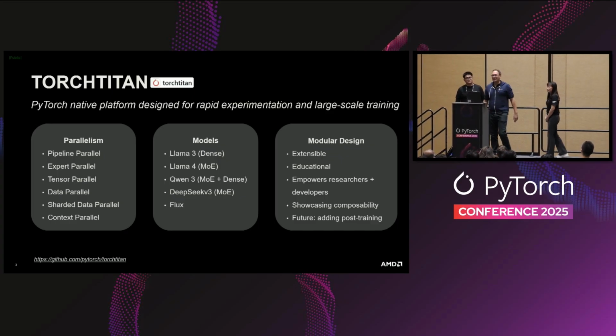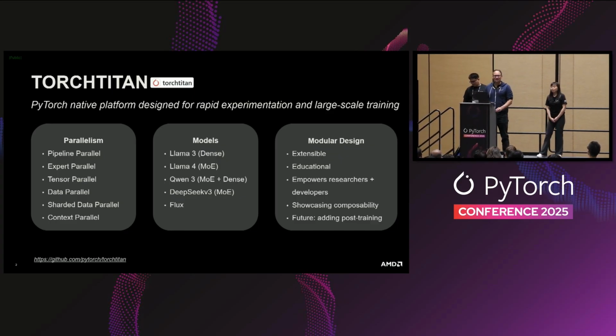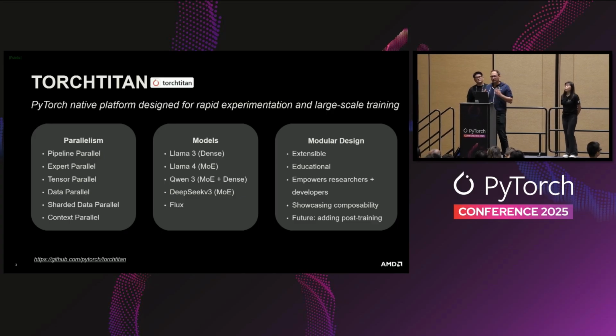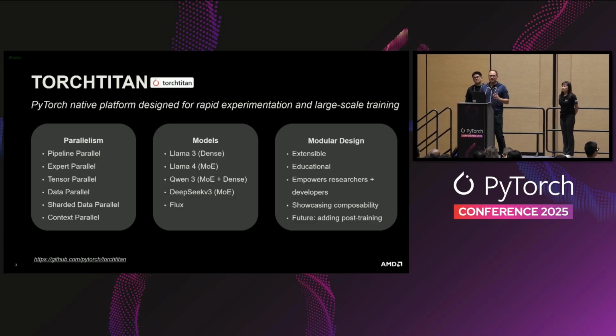Hello, everybody. I'm Matthias from the PyTorch team, as Liz already mentioned, and I'm here to talk a bit about TorchTitan, which is our PyTorch native framework for large-scale training. We developed TorchTitan basically to educate people, but at the same time, we want to bring the best performance into people's hands.